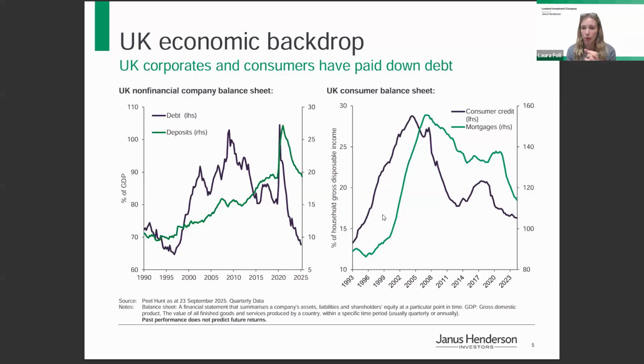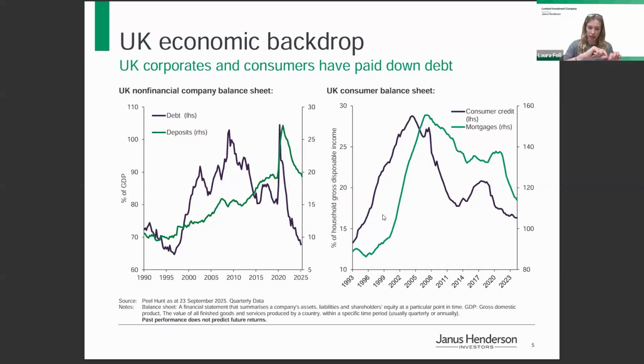And what's the economic backdrop? Well, if we look at balance sheets for a sec before we come and talk about inflation and things, companies and consumers have paid down debt. So on the left here, you've got non-financial, i.e. non-bank companies. The dark line is debt relative to GDP. And it will come as no surprise to anyone that debt was building up ahead of the GFC.